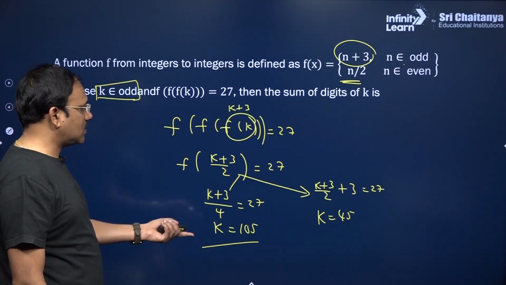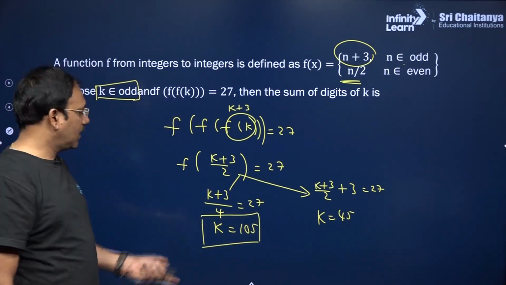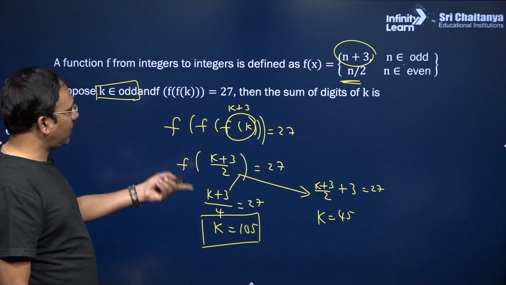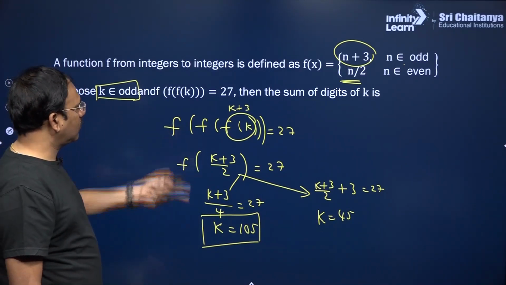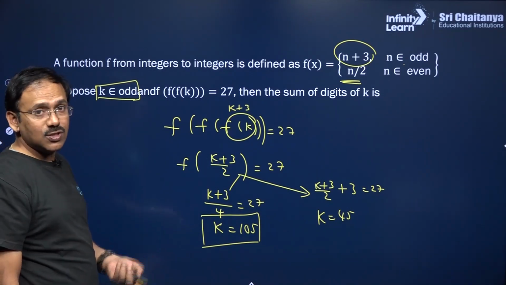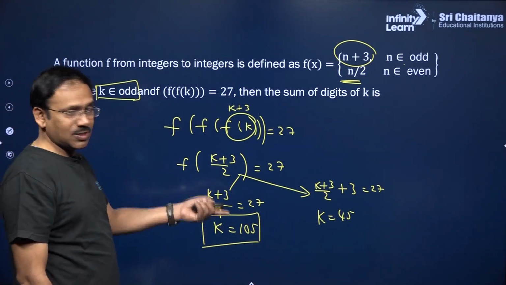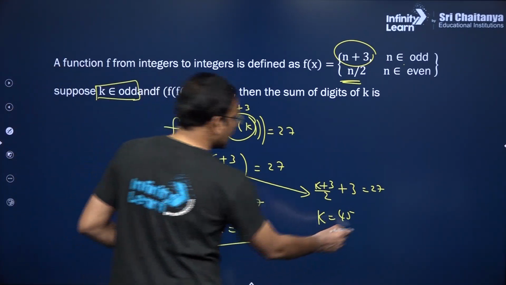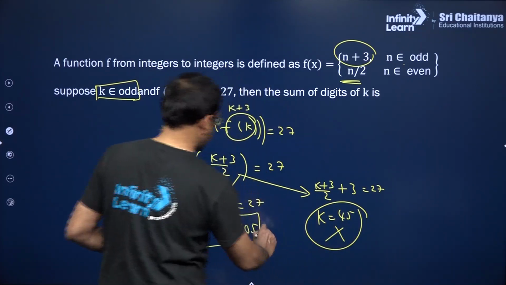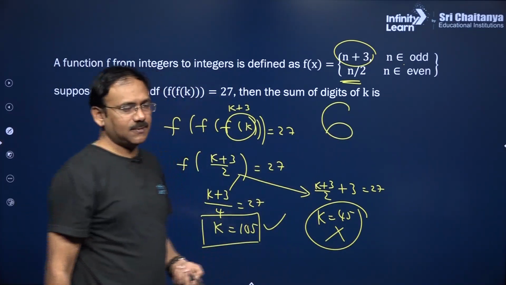You just check which holds good. Because if you put 45 in the first f, you will get 48, 48 by 2 is 24, which is even, 24 by 2 you are going to get 12, not 27. So this will not satisfy the original equation, so this is the only answer. The sum of the digits of k is going to be 6.